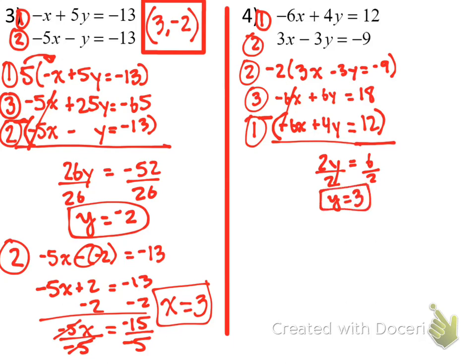Okay? Then we substitute back into one of the first two equations. I'm going to pick equation 2. So equation 2 says 3x minus 3y is equal to -9. Instead of y, we're going to put in 3.